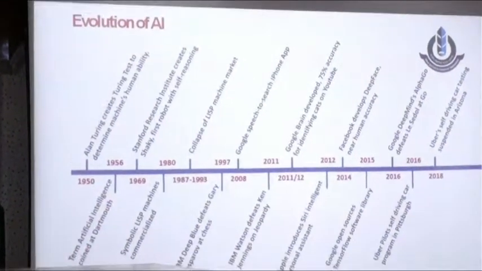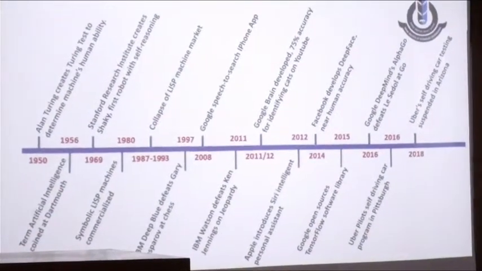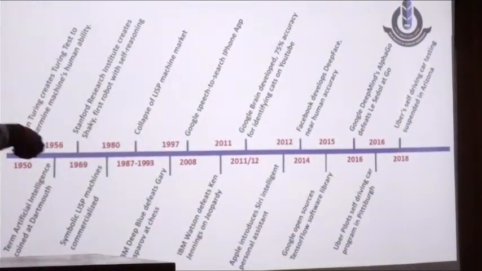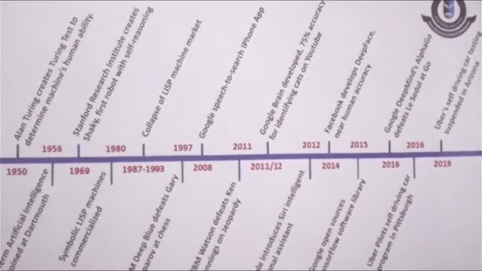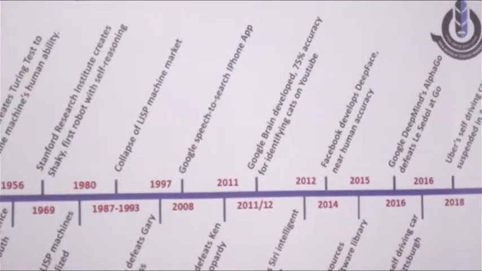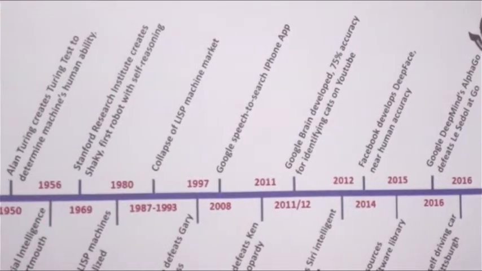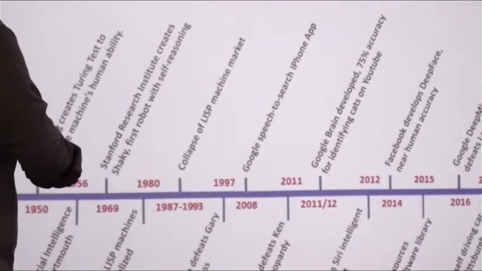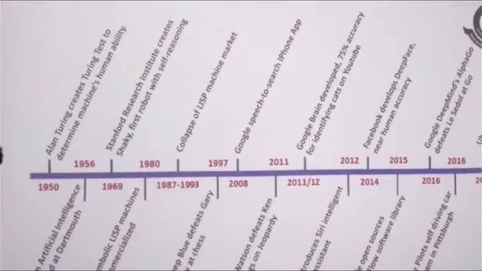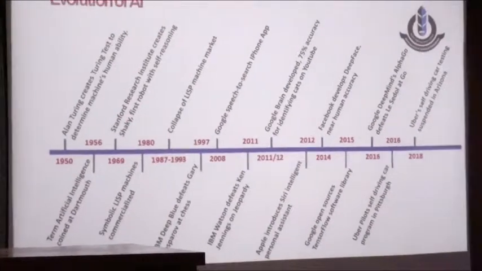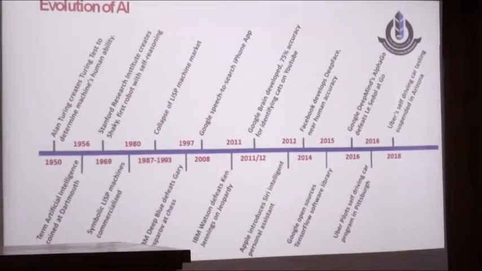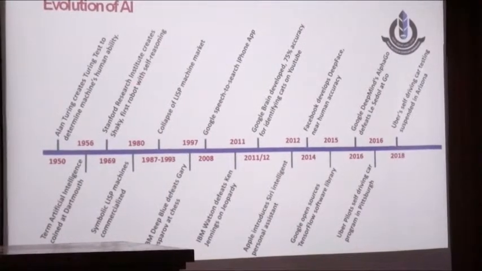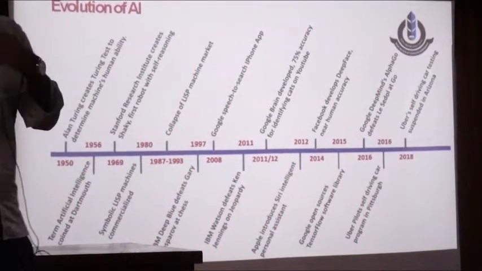So it's not something new, you can see when this term actually came into existence. It's in 1956. Then a lot of things happened from 1956 until very recently. So what happened after 1956? Then in 1969, the researchers at Stanford built the first robot with self-reasoning.